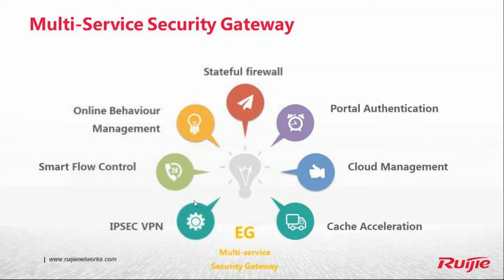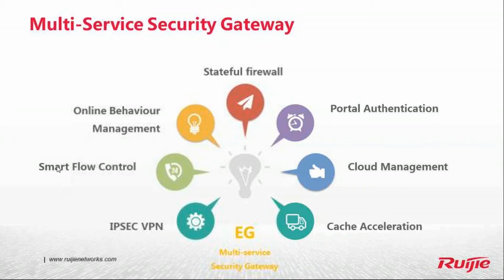I already talked about this one also. This is for the retail shop. The branches connect back to the HQ headquarters using IPsec VPN. This is from our EG, which can do this kind of thing without a subscription license. You no need to purchase another license to do it.